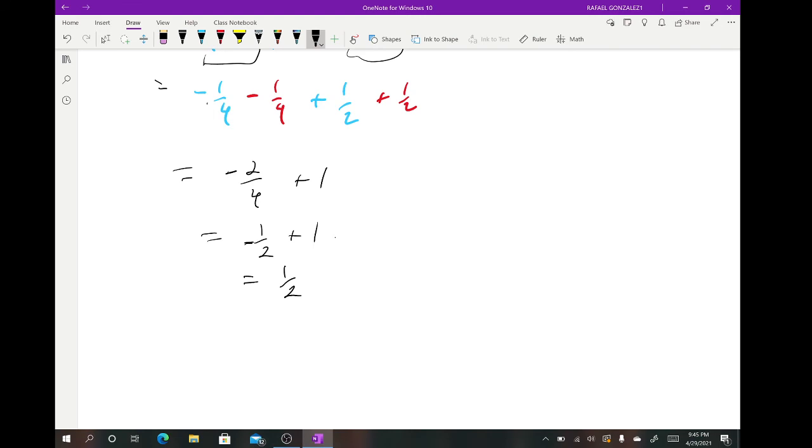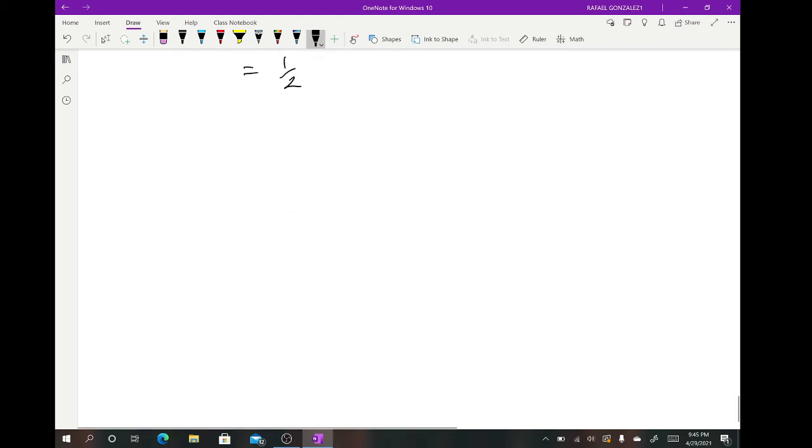It's equal to 1/2. Okay, let's do one more, since I just brought up the idea of finding area using the definite integral. So this is example number 5, if I'm not mistaken.